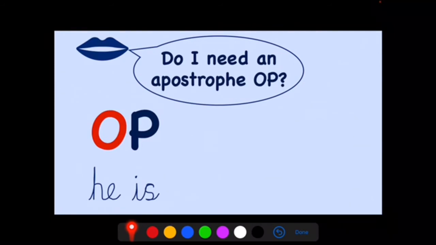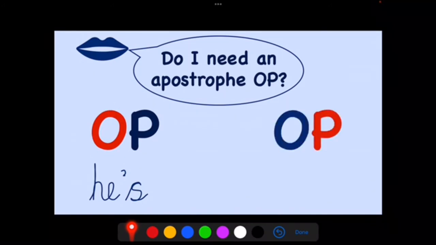Well, we omit the space between the words and we omit the letter I. He's, and the apostrophe goes where the missing letter was. And for possession?